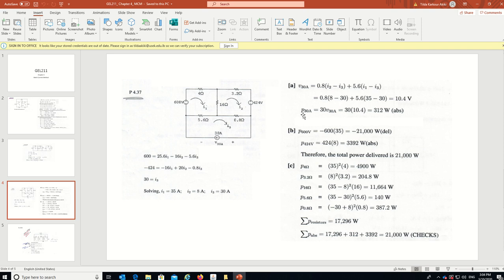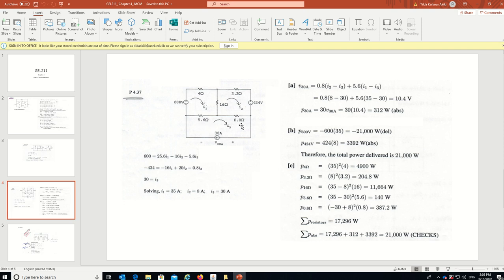Since we need to find the power of the 30 ampere, you need to calculate its voltage. So they have placed the voltage in this direction. You can choose it as you wish. You write a KVL equation in this lower loop.